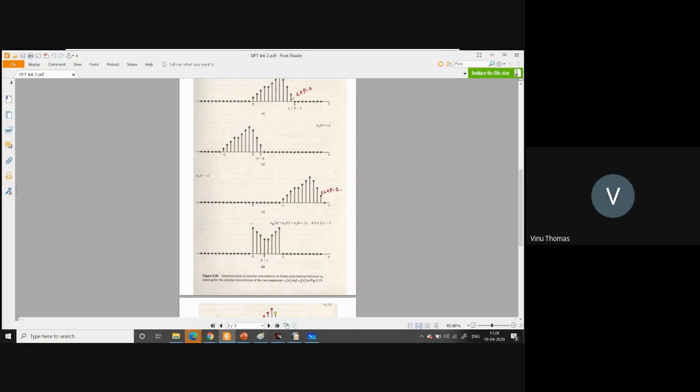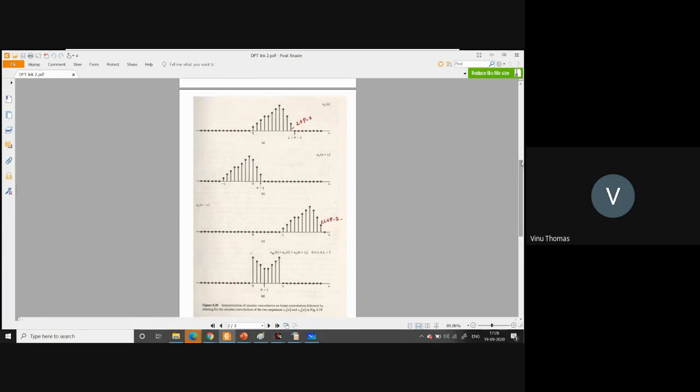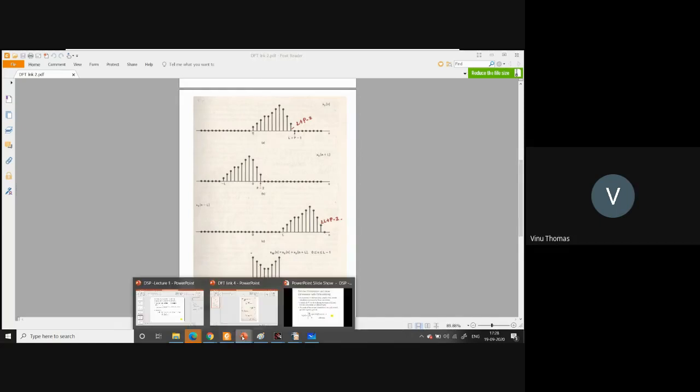Here the last sample is correct, the last but one sample is correct, and so on. Starting from this point onwards, the samples from here to here are seen to be the same as those of the linear convolution. We'll see a general formulation for this.